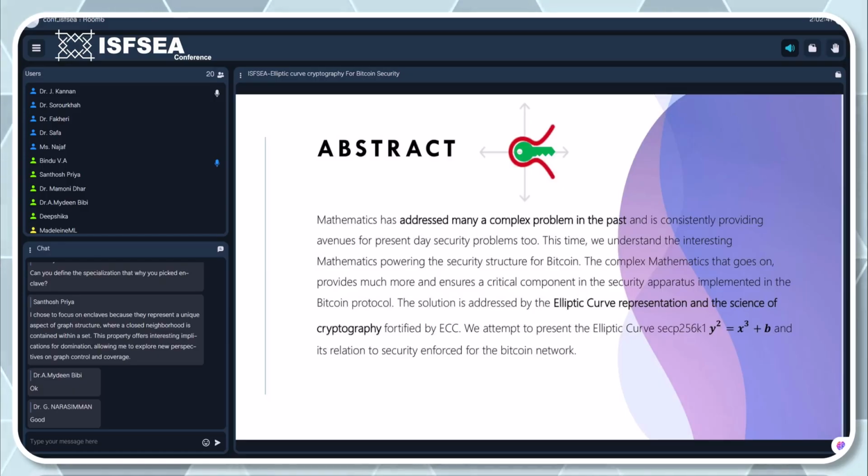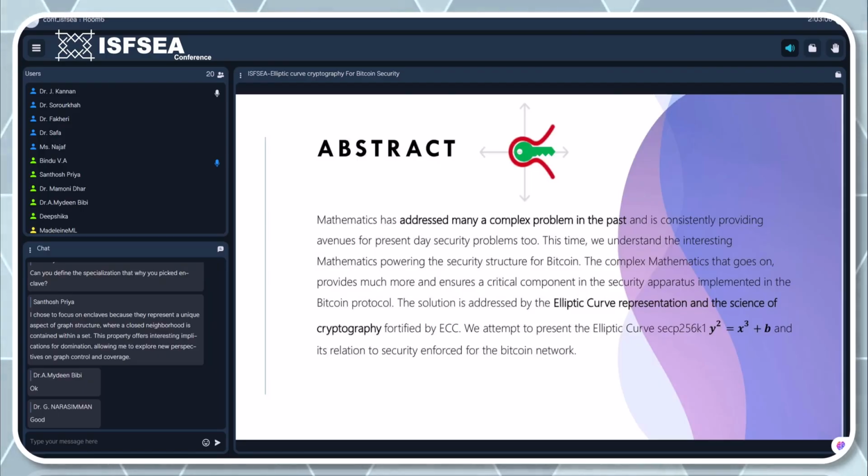My presentation contains its abstract and how Bitcoin security can be implemented using elliptical cryptography. Mathematics has addressed many complex problems in the past and is consistently providing avenues for present-day security problems too. This time, we understand the interesting mathematics powering the security structure for Bitcoin.